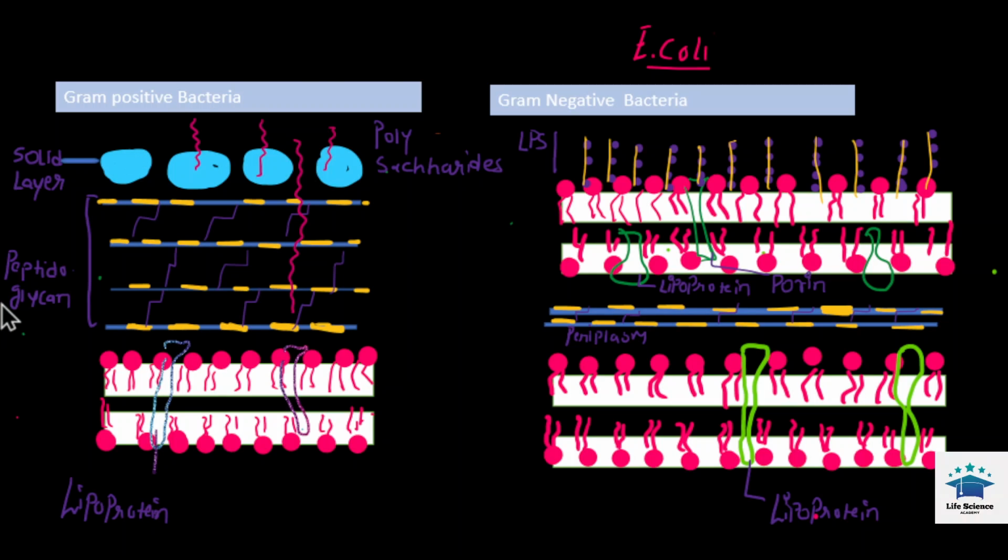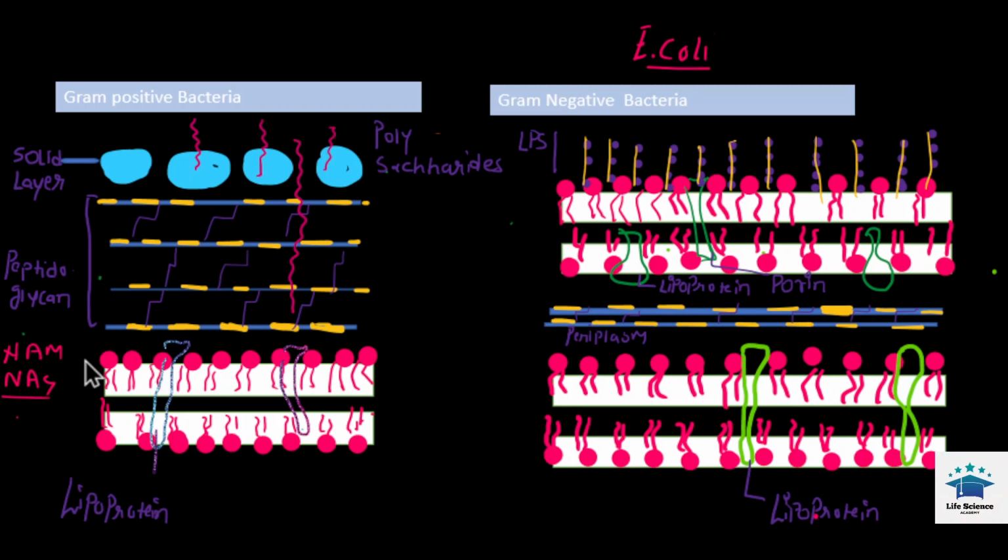In gram-positive bacteria, in the upper region, we have a solid layer of protein. In the middle region there is peptidoglycan, made of NAM and NAG, N-acetylmuramic acid and N-acetylglucosamine, cross-bridged to each other via peptides.